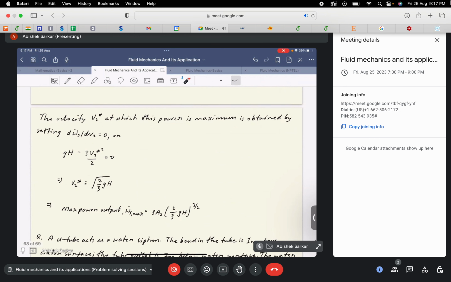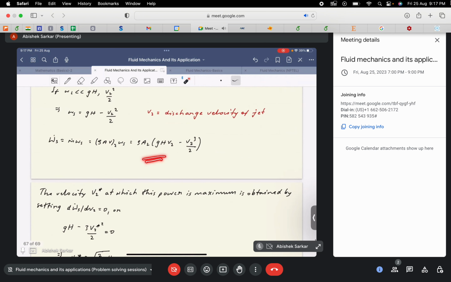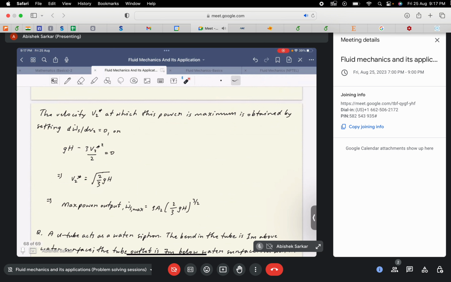And if we want to find the maximum power, we just need to substitute the value of V2 in this expression. Then we finally get Ws max is equal to rho A2 into 2 by 3 gh to the power 3 by 2.